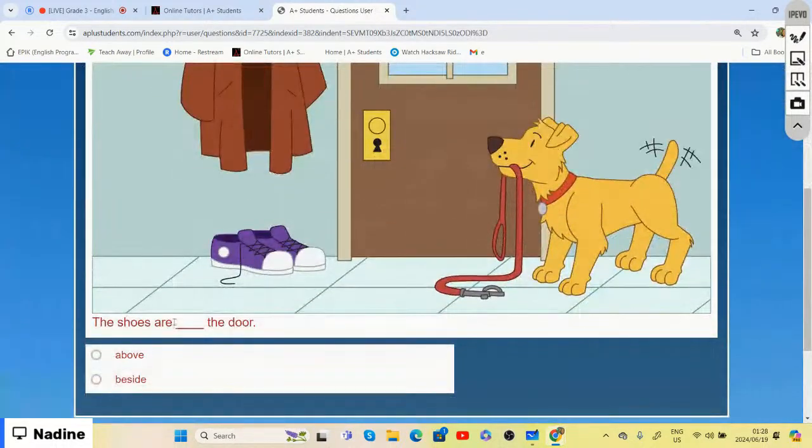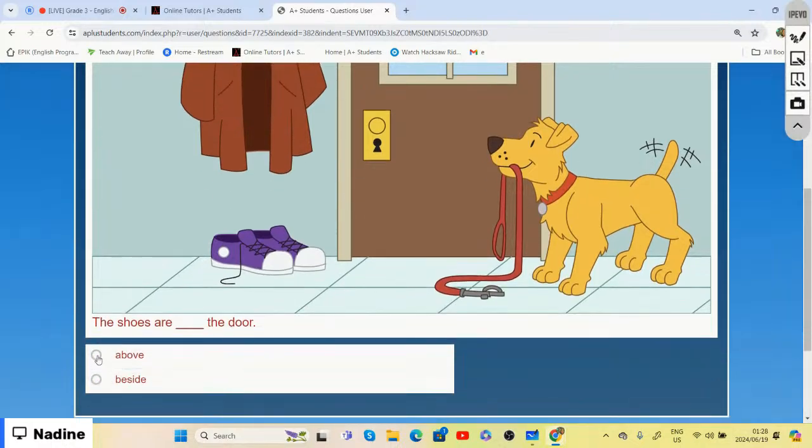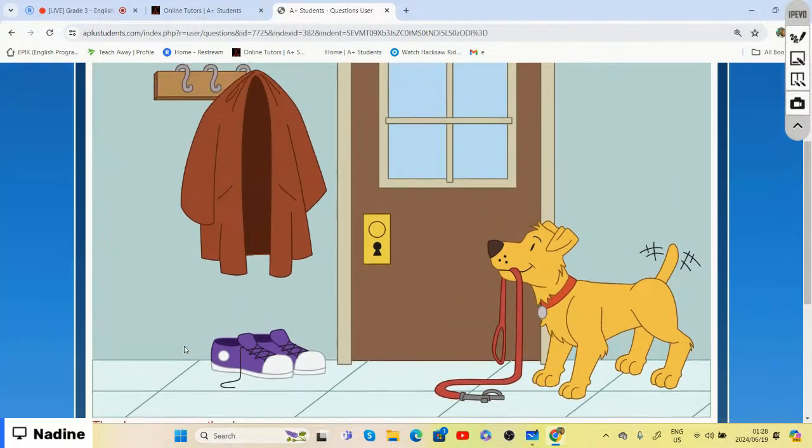All right, the shoes are in the door. Is it above the door or is it beside the door? Here we have the door.